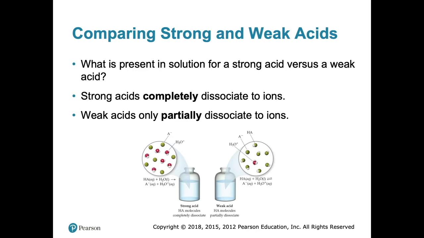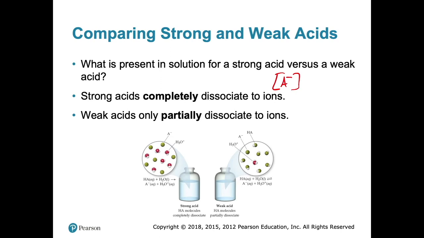If you don't remember, in the general sense, whenever I say A minus, that's a conjugate base, and H3O is the conjugate acid. Conjugate bases always have a negative sign, by the way.